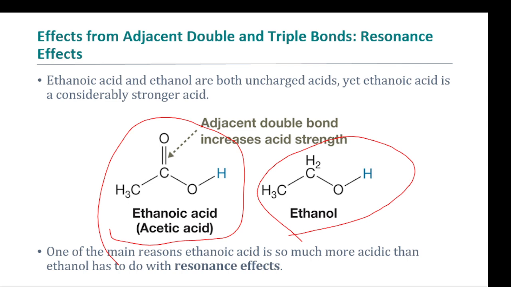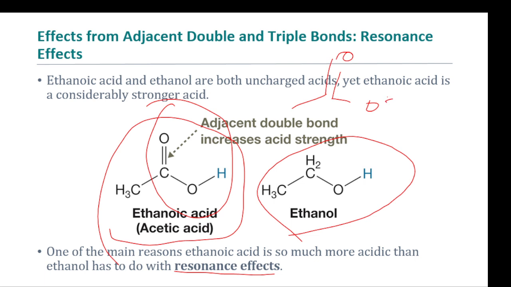This actually has even more effects, which is the resonance effect as well. In this case specifically, anybody remember how we drew those out before? We drew it that way, but was there another way we could draw that?